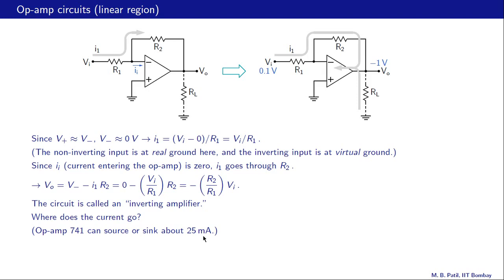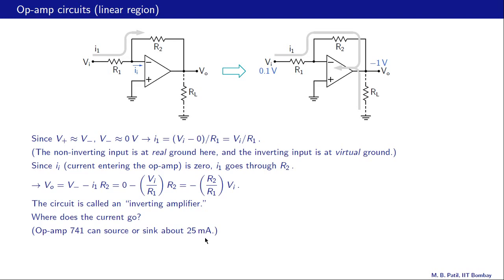And in the circuits that we come across in this course, we will not really exceed this limit, but nevertheless, it is important to keep this number in mind. If you have to design a new op amp circuit, then you should check whether the current that the op amp has to sink or source is within this limit or not.